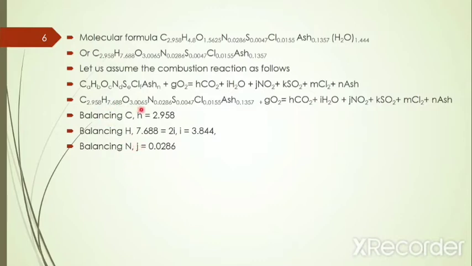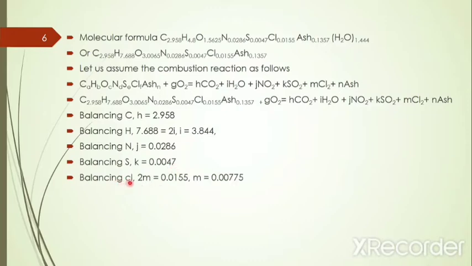Balancing nitrogen, here we have 0.0286 of nitrogen, and on the right side we have J moles of nitrogen. So J will be 0.0286. And again balancing of sulfur: 0.0047 is equal to K moles on the right side. So K is 0.0047.